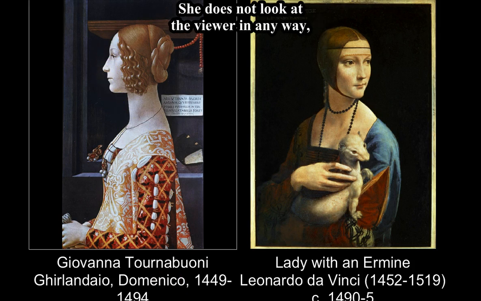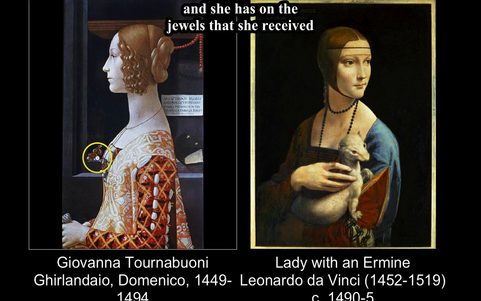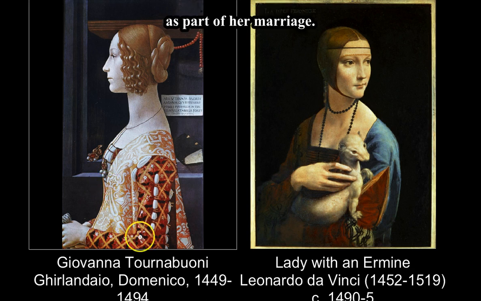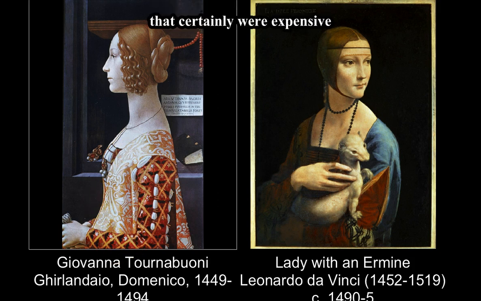She does not look at the viewer in any way, acknowledge us at all. She's fancily dressed. She has her hair all done up, and she has on the jewels that she received as part of her marriage, and she's beautifully dressed in these gorgeous fabrics that certainly were expensive and show off her social status.